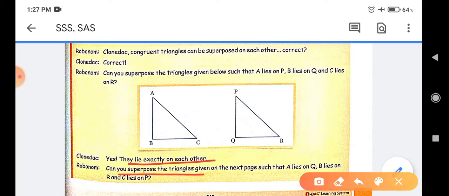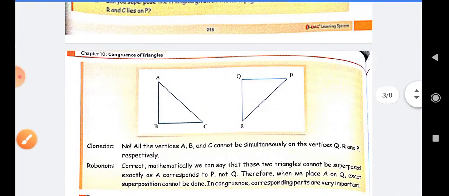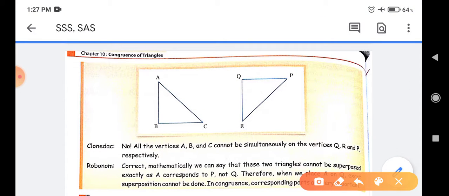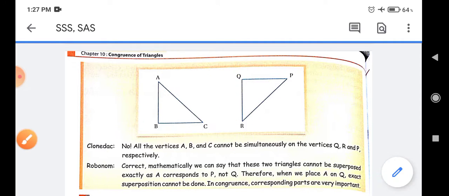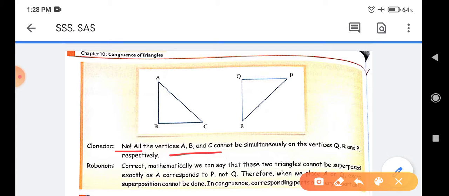Can you superpose the triangles given on the next page such that A lies on Q, B lies on R and C lies on P? On the next page we are given these two triangles, and here we cannot place A on Q, B on R and C on P. Klonedek says, no, the vertices A, B, C cannot be simultaneously on the vertices Q, R, P respectively.